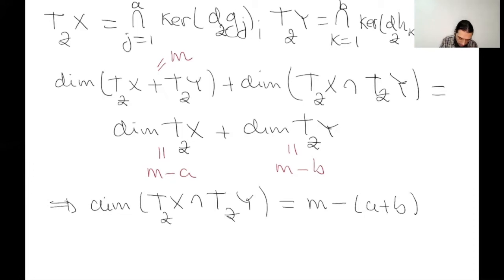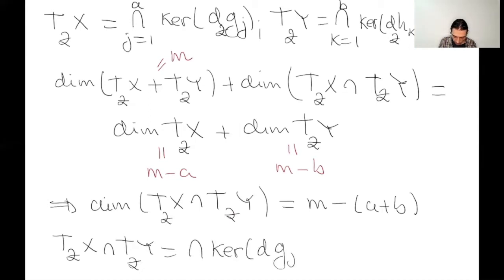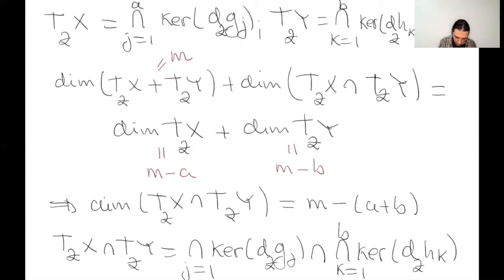But we know also that the intersection of these two linear subspaces is the intersection of the kernels of the differential of G_j at the point C and the kernels of the differential of H_k, here k from 1 till B and j from 1 to A. And at this point, we have everything that we need.